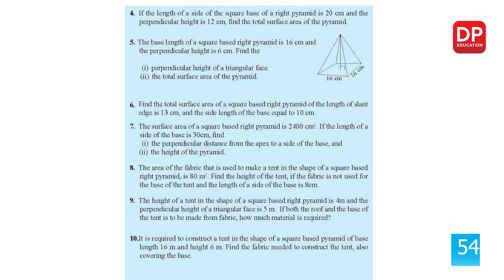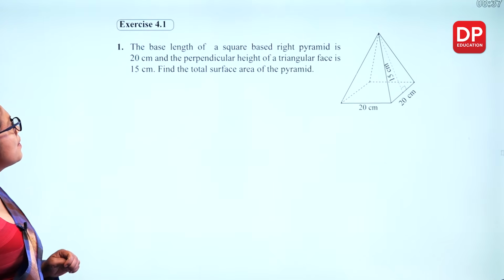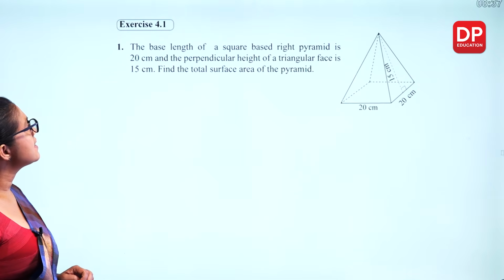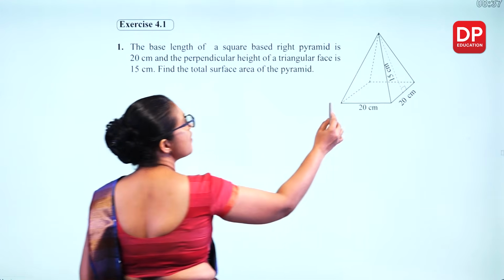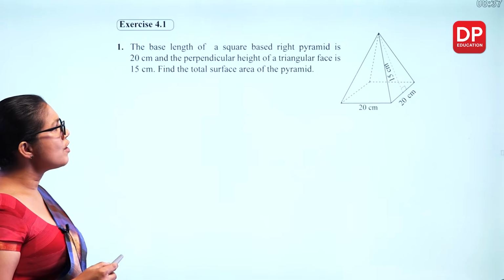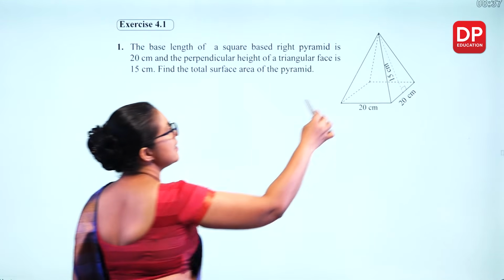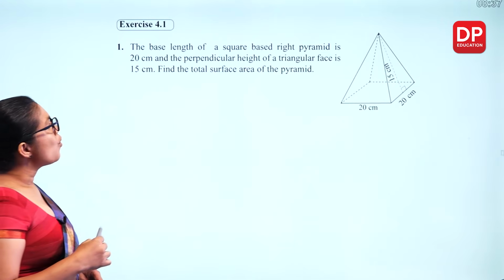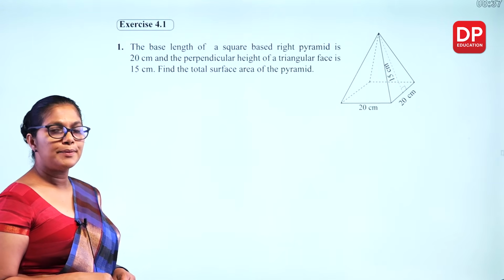Now we'll look at exercise 4.1 in your textbook. It says the base length of a square base right pyramid is 20 centimeters. So this is marked already. This is 20. And the perpendicular height of a triangular face is 15. So that's L. Find the total surface area of the pyramid.